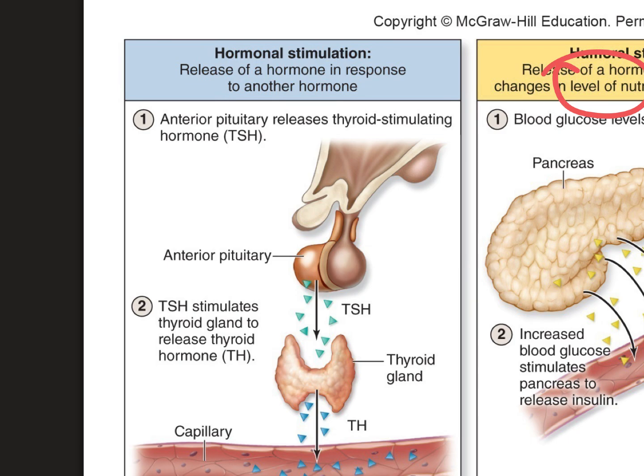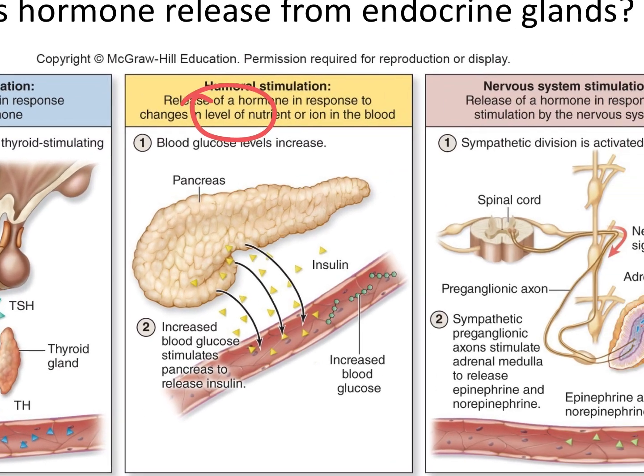The preganglionic neuron terminates in the adrenal medulla. It doesn't target another neuron. Remember that? That's what you see here.